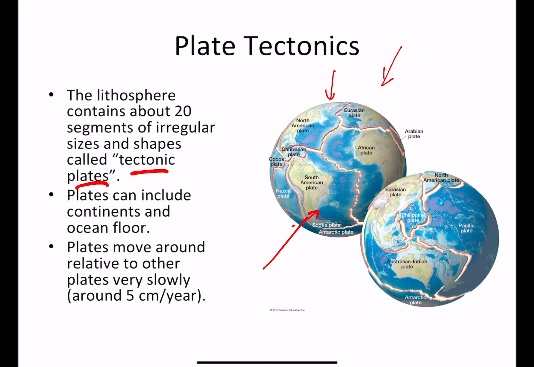And so the tectonic plates move relative to each other, but very slowly. They move at a speed of around 5 centimeters per year. That is the same speed at which your fingernails grow.